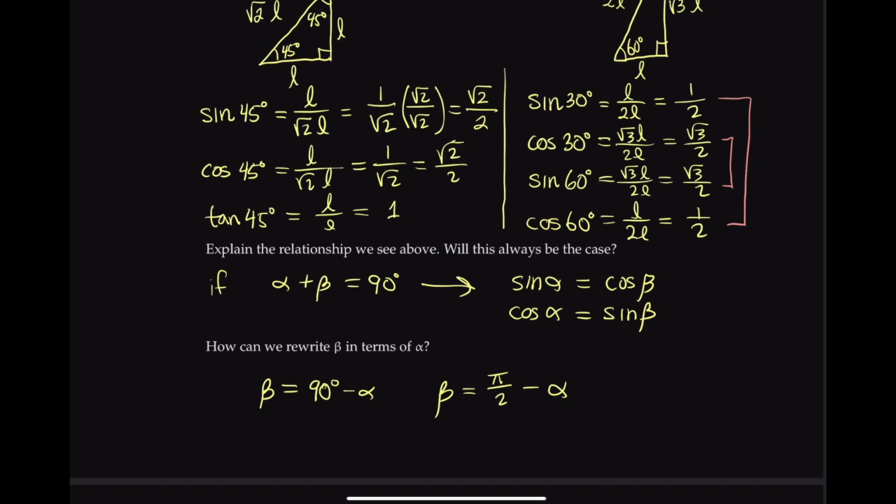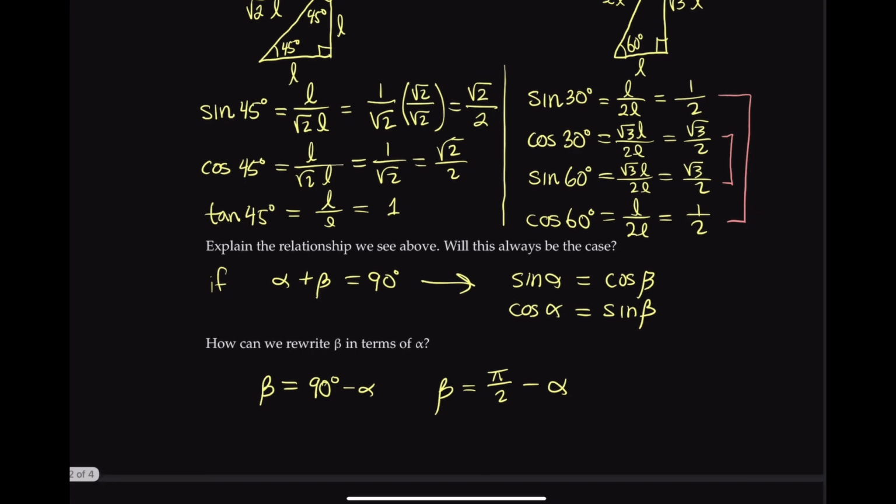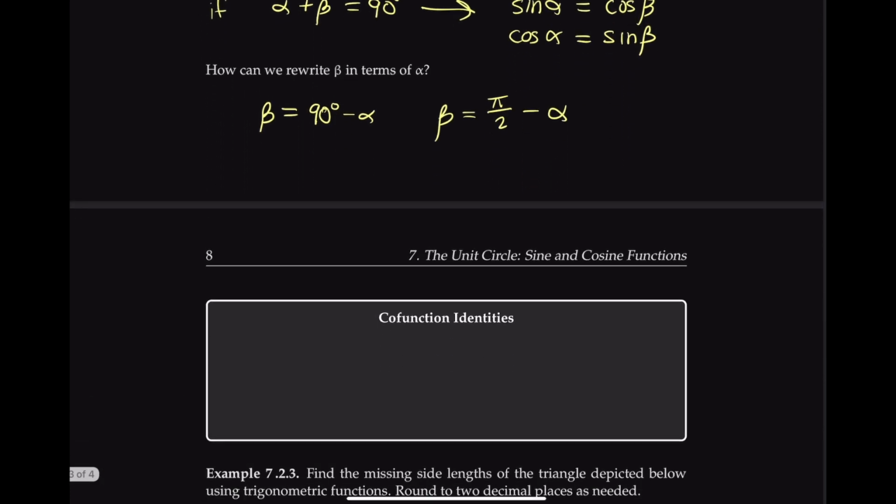Rewriting it this way allows us to come up with these nice cofunction identities. Now, we haven't looked at identities before in this class. An identity just means an equation that is true no matter what value you put in for the variable.